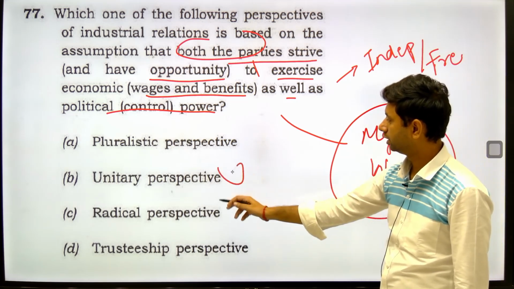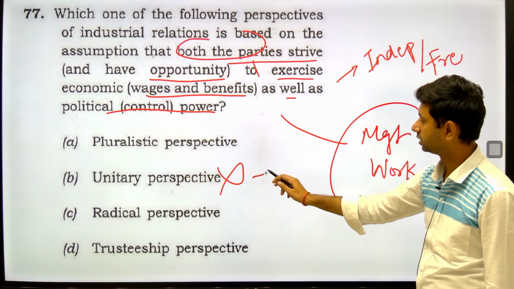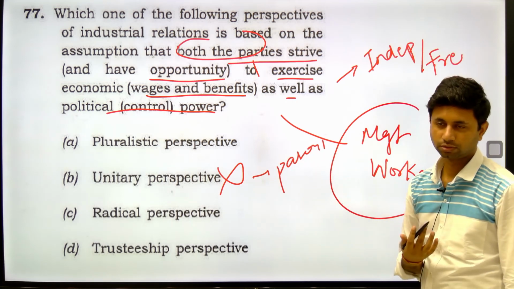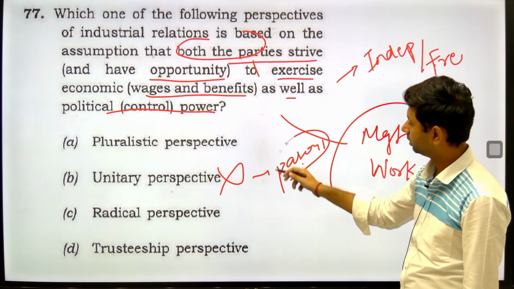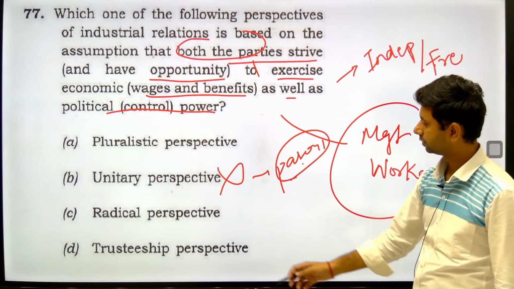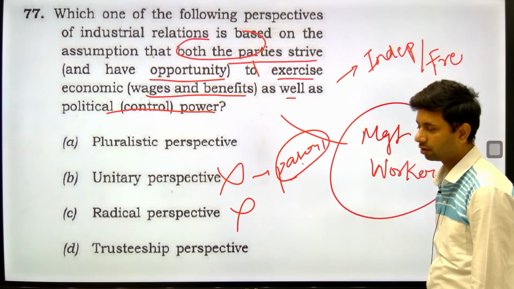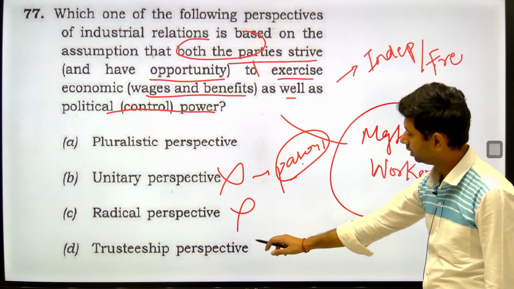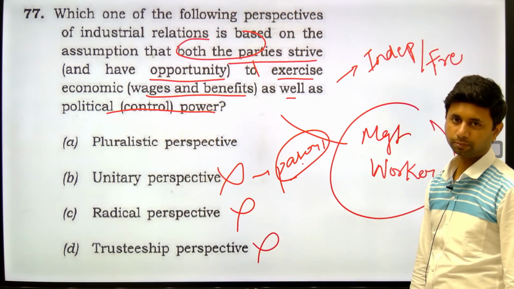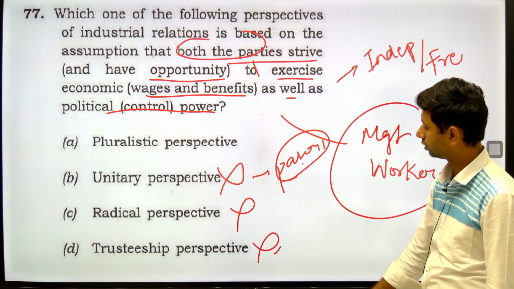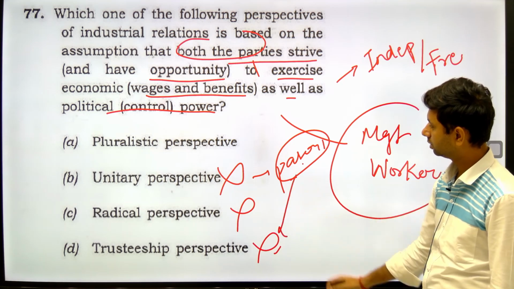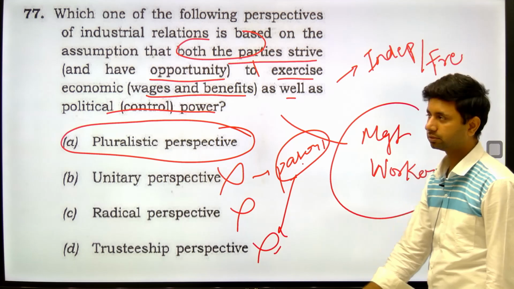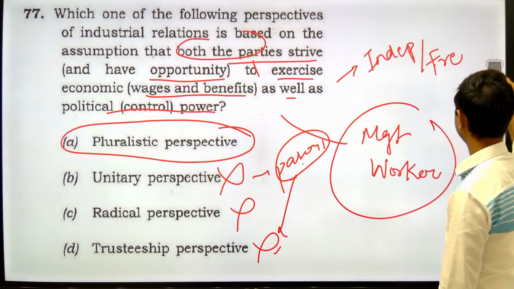Unitary is wrong because it is a paternalistic approach led by the employer. Radical is also wrong because here workers think they have the right to the power. Trusteeship is also wrong because it is similar to the paternalistic. So the pluralistic perspective is the right answer.